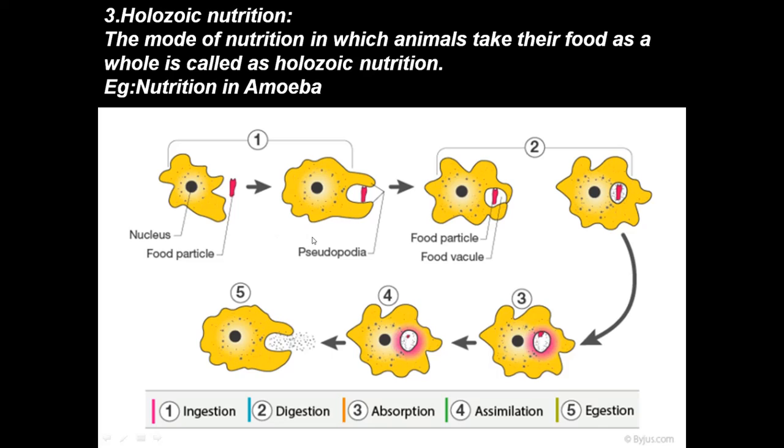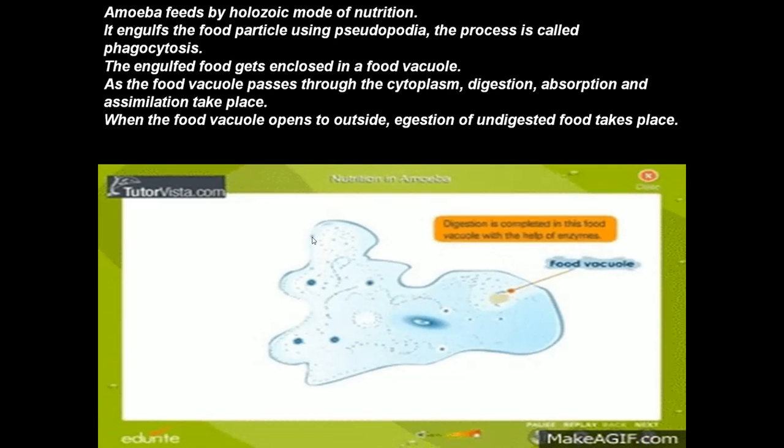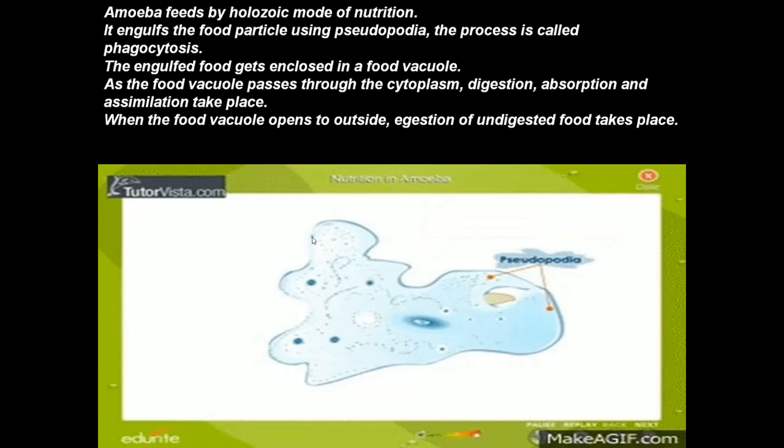As you can see in this image, how amoeba is obtaining its food. Whenever amoeba comes in contact with food, it produces its false leg called pseudopodia. It engulfs the food particle using these false feet called pseudopodia.